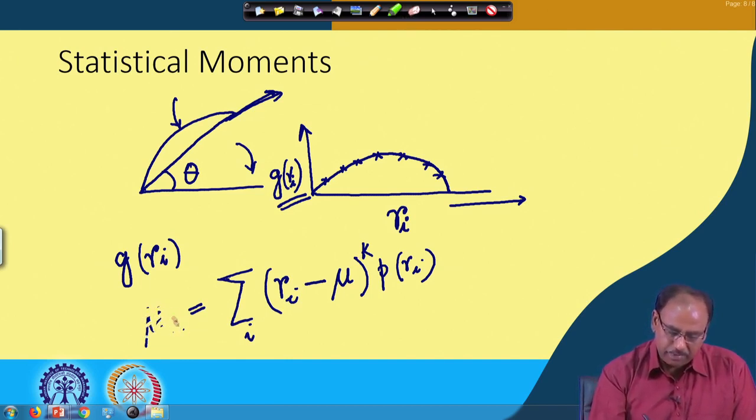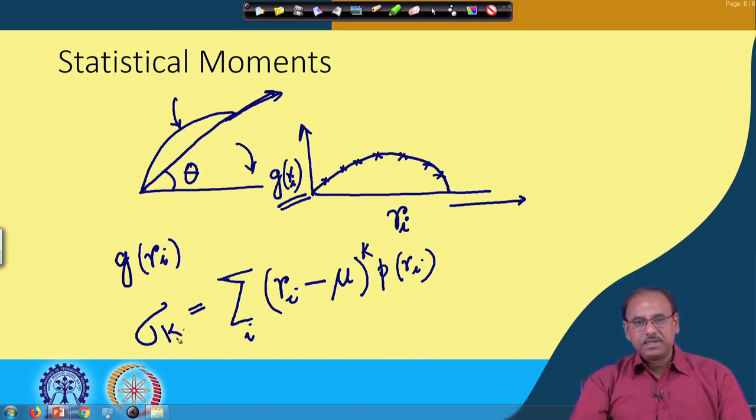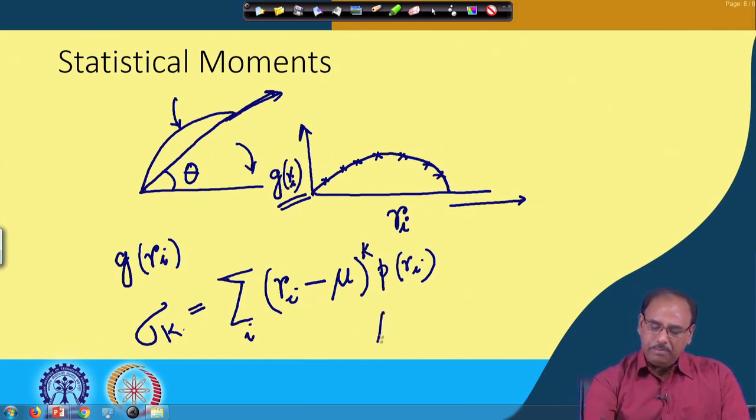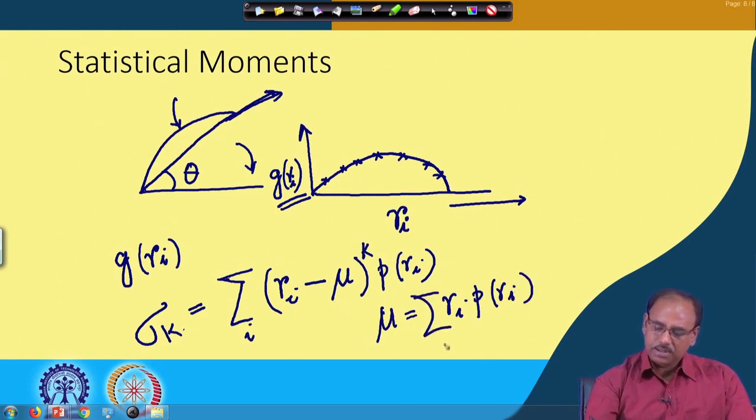Instead of mu_k, as I have used mu to represent the mean, let me call it sigma_k. So, sigma_k is the statistical moment of order k for this particular distribution. And you find that for different values of k, I can get different types of shape information. Obviously, in this case, mu being the mean, mu is nothing but the sum of r_i times p(r_i) over all i.